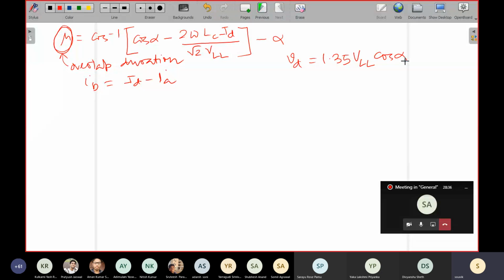Now, due to commutation, you can easily understand that this voltage will reduce, because some of the voltage is spent on commutating the currents of the phases of the thyristors. So the voltage that otherwise would have come to the rectifier side is now a little bit consumed. Some part of it is consumed in the commutating inductor to change the slope of the current, right?